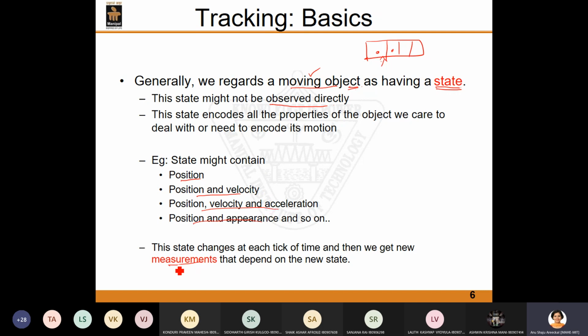Now another term which you need to be familiar with is measurements. As I said, the state may not be observed directly. State may not be something which can be measured directly, right? So in that case, you can go with new measurements, in the sense we can take measurements of those quantities which can be quantified, and which can also be computed in every frame, or something which is changing with every frame.